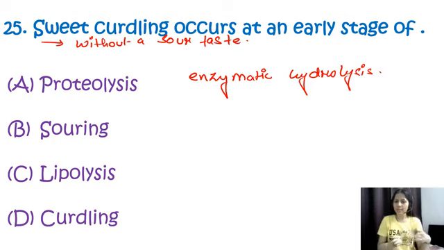Whereas what is the lipolysis process? We know that lipolysis basically leads to the breakdown of fats, and curdling is the formation of curds, which is typically associated with the coagulation of milk protein. So comment me down the correct option for this question. Next.